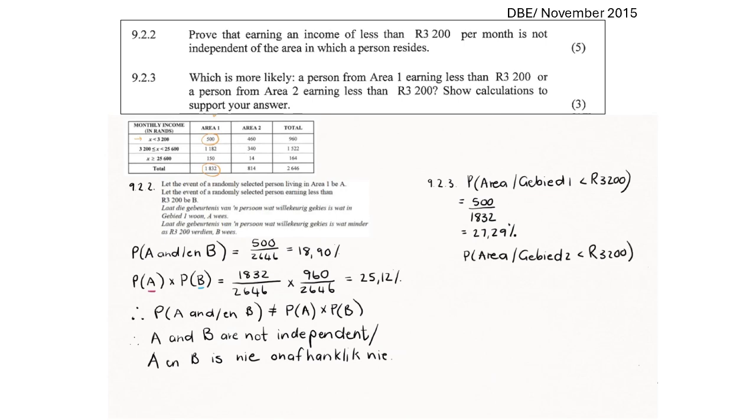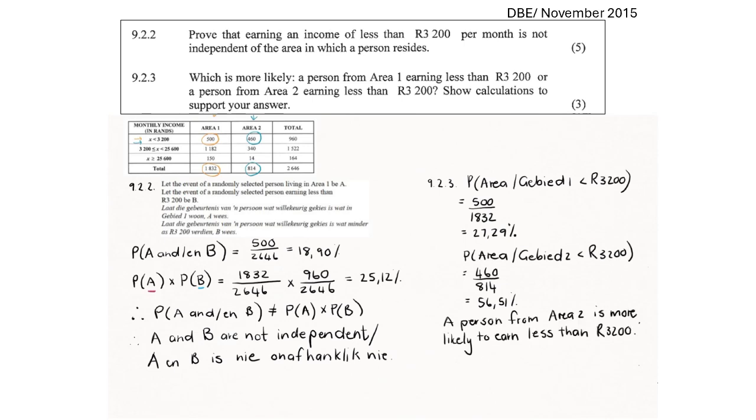So now we go to the Area 2 column, and there are 460 people in Area 2 that earn less than 3,200 rands, and now we divide it by the total number of people in Area 2, and that is 814, and that gives us a percentage of 56.51%.